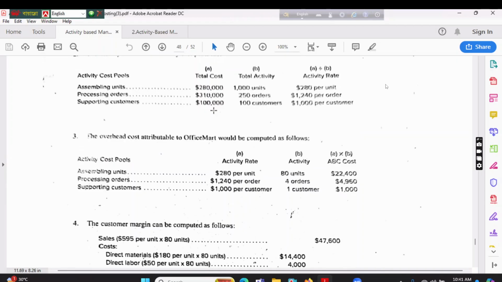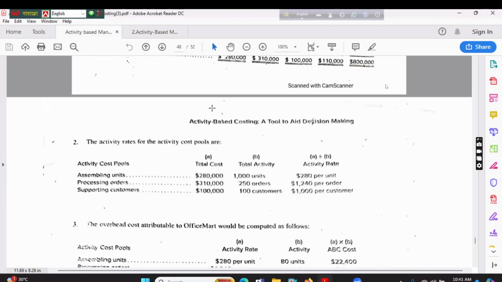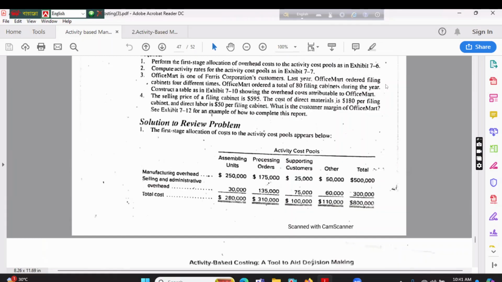Last report, performance report. The selling price of a filing cabinet is $595. The cost of direct materials is $180 for a filing cabinet. Direct labor is $50 for a filing cabinet. What is the customer margin of Office Mart? One is product margin, another is customer margin.